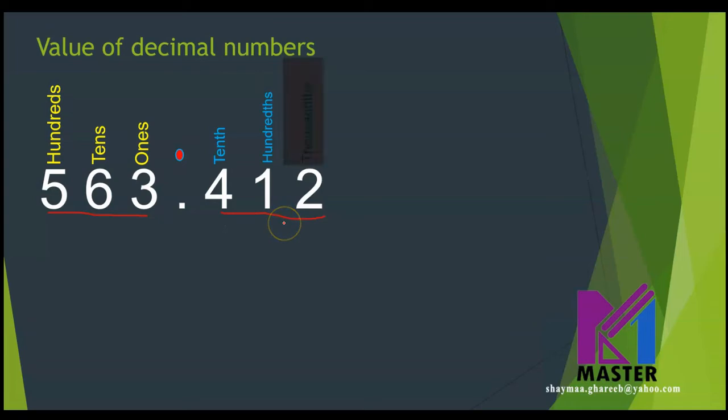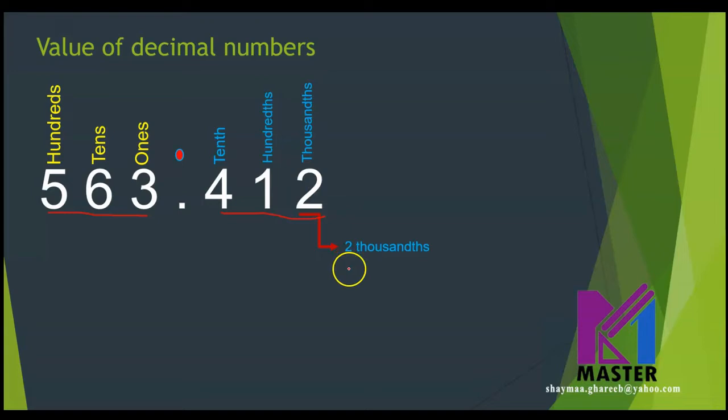I will start with the thousandths. This 2 is in the thousandths place, which is the third decimal place, so its value should be a 3 decimal places number. So its value will be 2 thousandths.